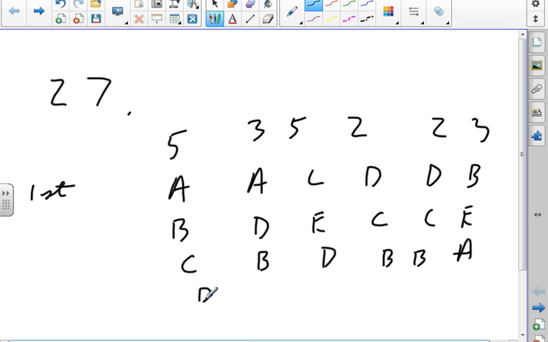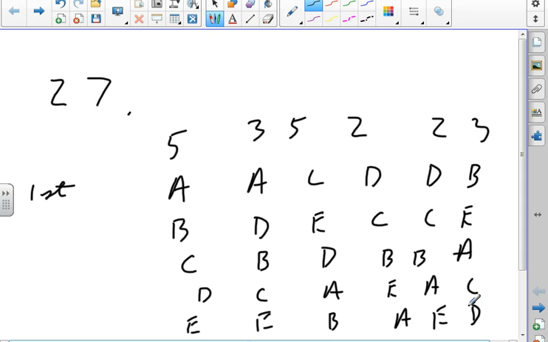Fourth choice D, C, A, E, A, C, and E, E, B, A, E, D.